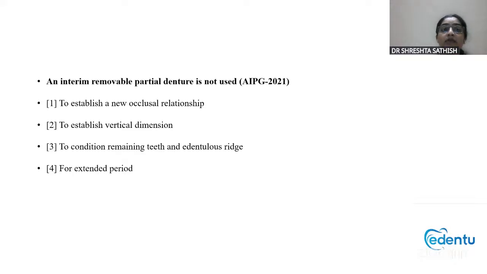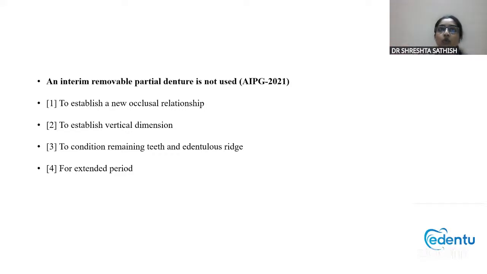An interim removable partial denture is not used for what? To establish a new occlusal relationship, to establish vertical dimension, to condition remaining teeth and edentulous ridge, or for an extended time. It cannot be used for an extended time. It is used to give a new occlusal relationship.